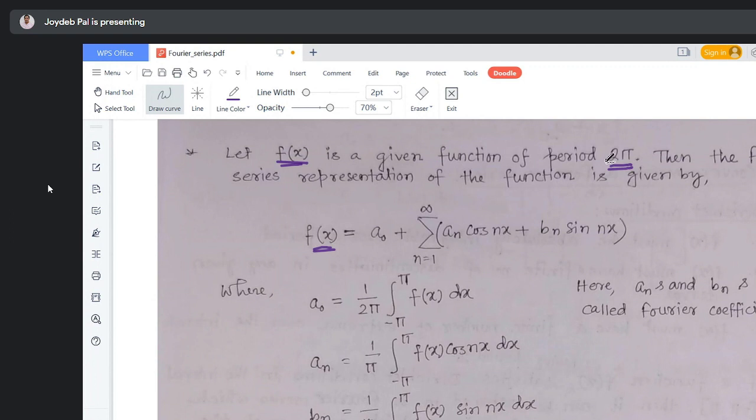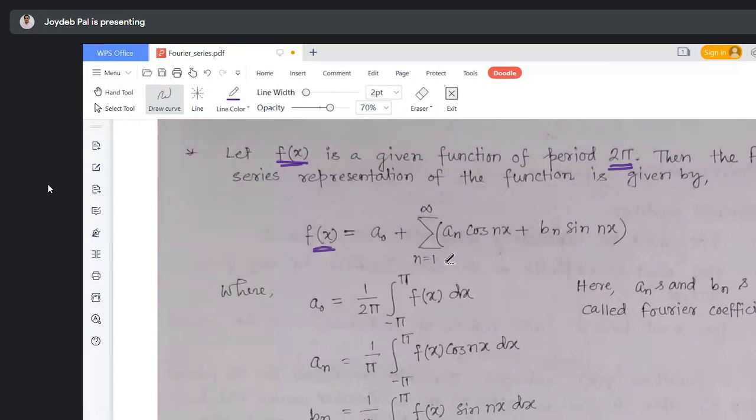So if the period is 2 pi, then the Fourier series representation of f x is equal to a naught plus summation n equals 1 to infinity a n cos nx plus b n sin nx. If you write some terms explicitly, each term contains either sine x or cos x.